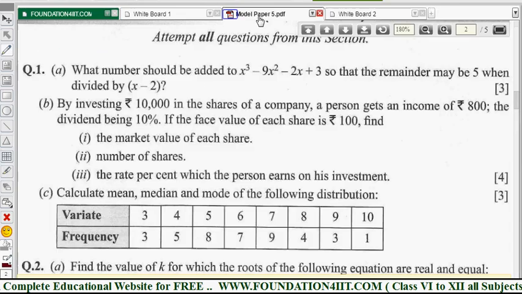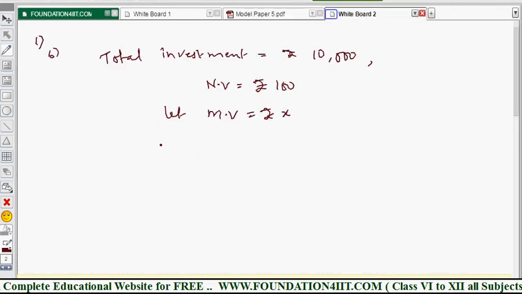We need to find three things: first the market value, that is x, then the number of shares, then the rate percent. Number of shares is equal to total investment by market value, that is 10,000 by x.